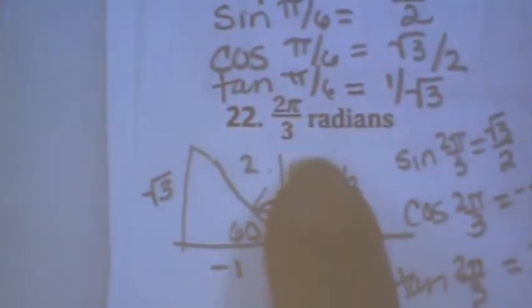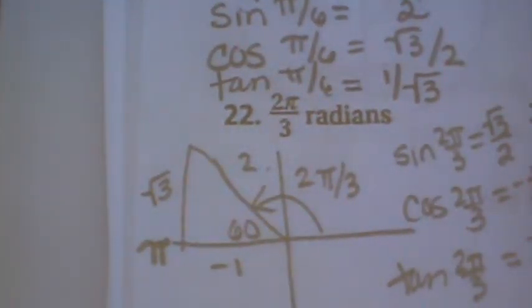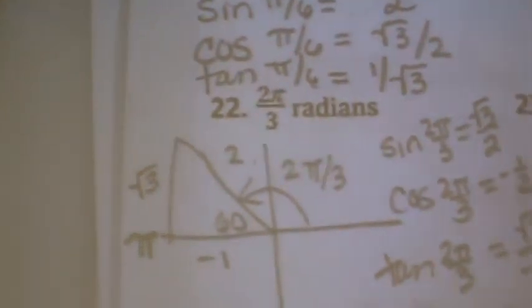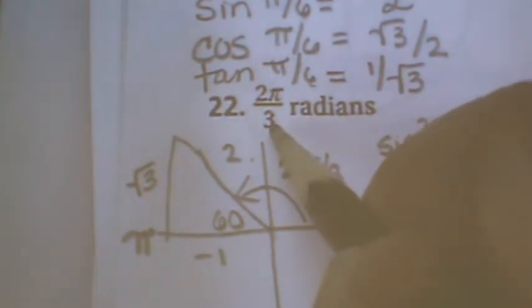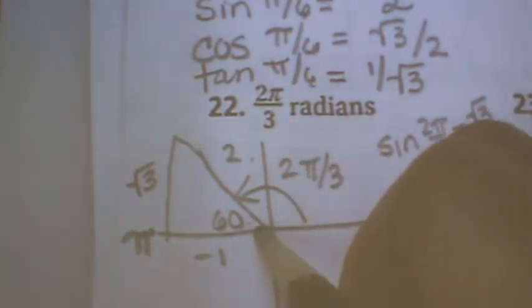Next one. 2/3 pi. Remember, from here to here is pi, so 2/3 has to be in quadrant 2. It's 2/3, it's not more than 1, so you're in quadrant 2. Remember what I said, if it has a 3 in the bottom, it's a 60-degree angle.